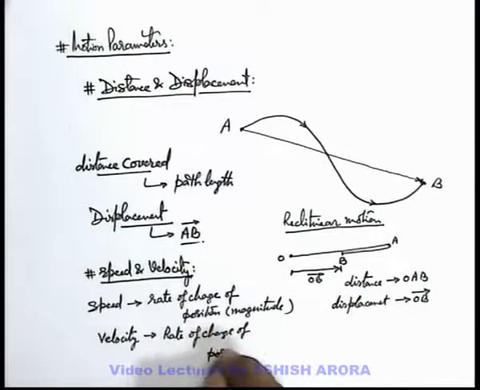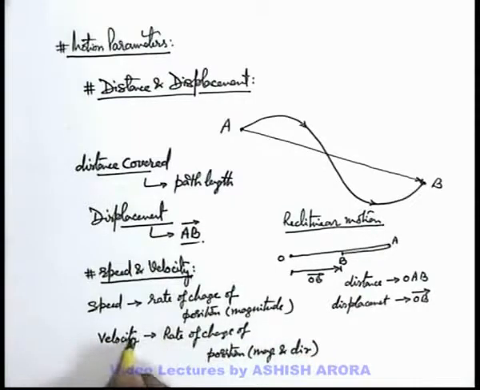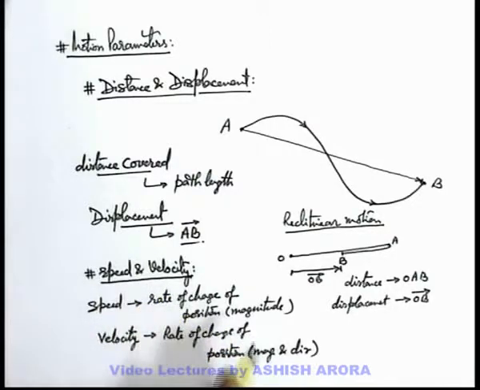But in case of velocity we must mention the magnitude as well as direction. Without direction the velocity will be incomplete information. It would just be the magnitude of velocity, which can be written as speed. These can be defined in various ways. Let's see that in detail.